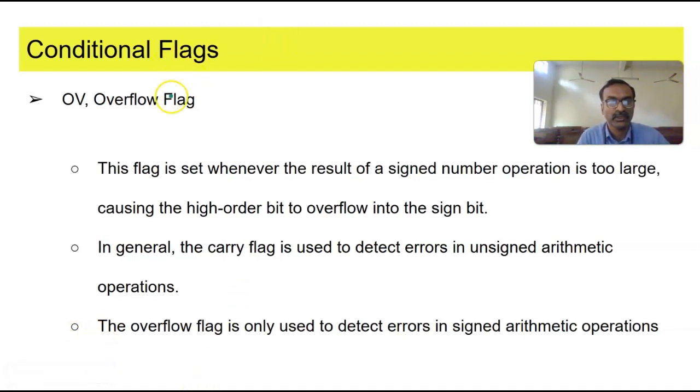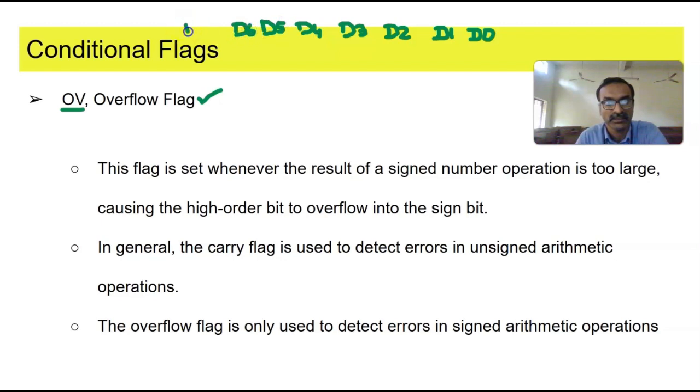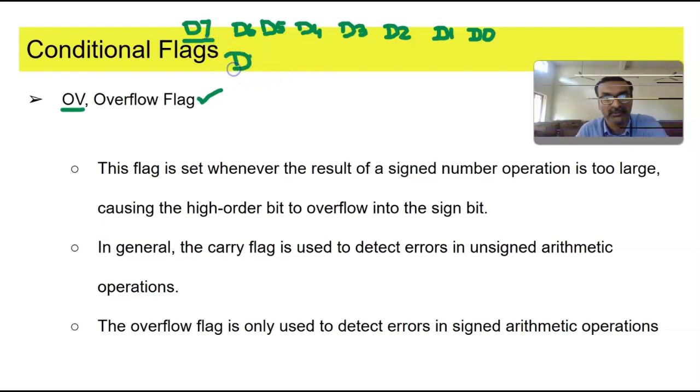Now, the last of the conditional flags is the overflow flag. Otherwise, we use the symbol OV, overflow. See, when you are using the 8 bits, D0, D1, D2, D3, D4, D5, D6, D7, this D7 is used to store the sign in signed numbers.